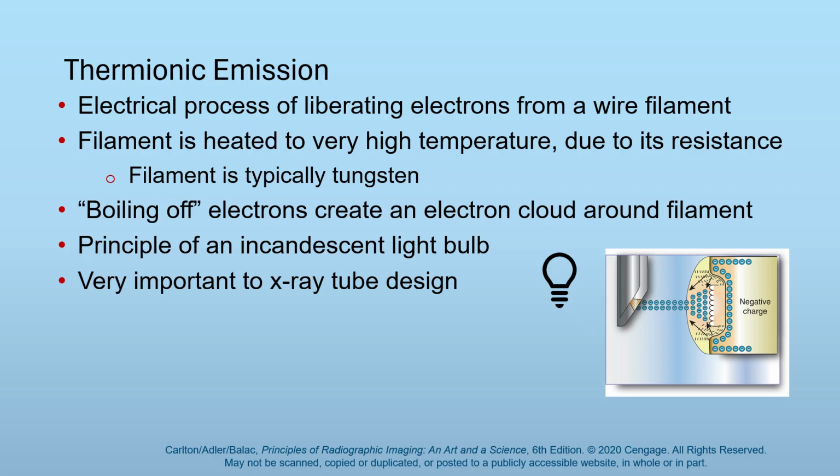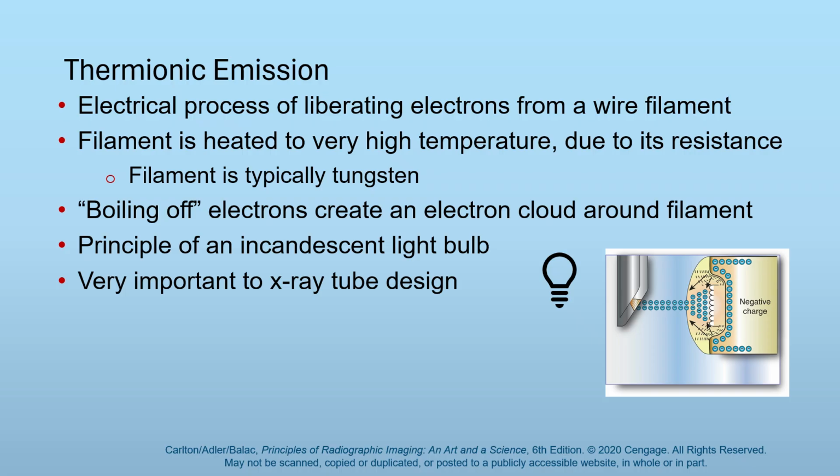We need a big current flowing through the filament so that we get excitation of filament electrons, and those electrons get to excited states. They raise up basically out of the valence states and the lower shells into a conductive state. Now they don't have anywhere to go until we apply the high voltage, and then they're yanked and accelerated toward the positively charged anode. We'll talk about that in chapter 5.